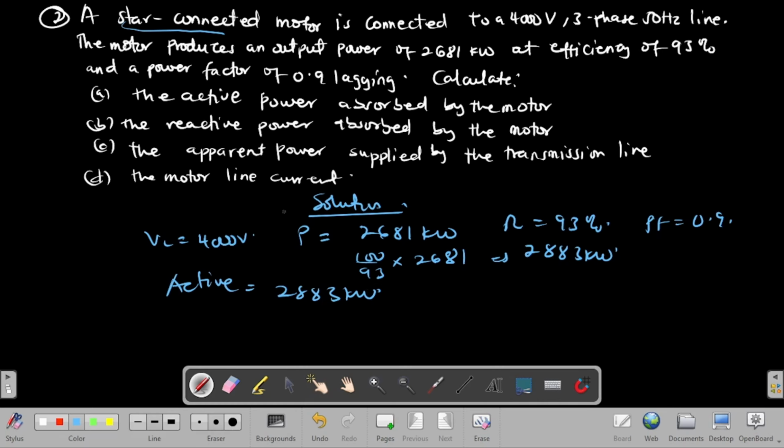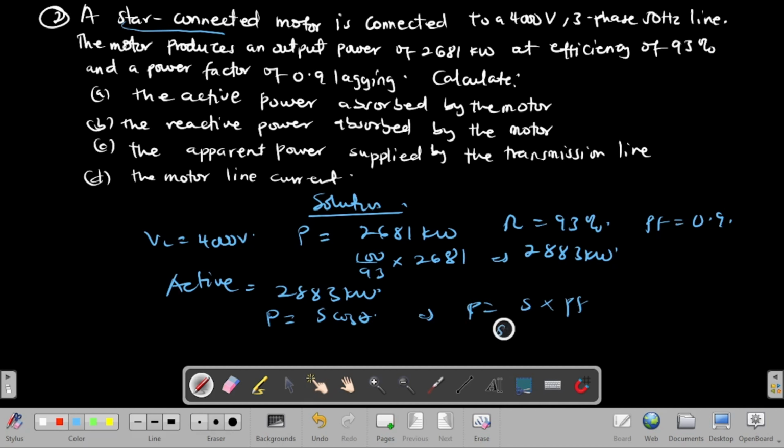The B is the reactive, but before you find the reactive, you should find the apparent, right? So now I have my total P. If I want to find my apparent power, I need the power factor. Remember that P is equal to S cos theta, and I have my cos theta as a power factor. So P is always equal to my S times my power factor.